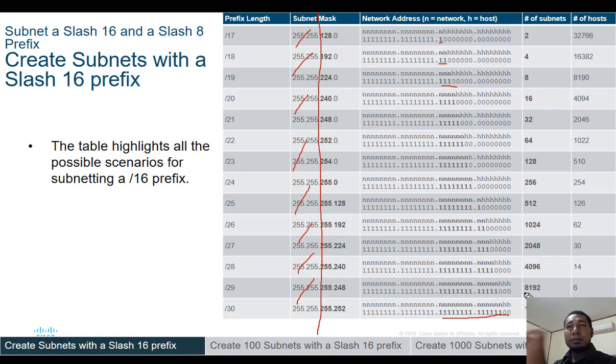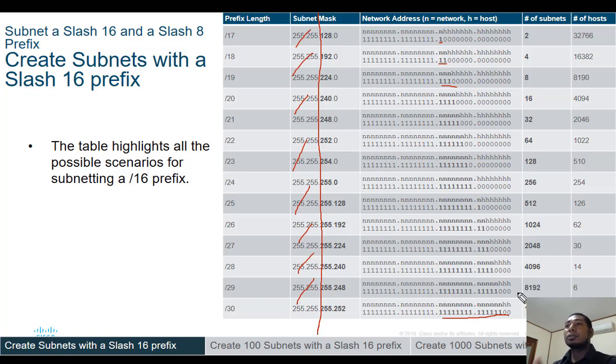Similar concept here. Now, a question you should ask is, why are we borrowing bits from left to right? Remember what I said earlier on? We're borrowing bits from left to right because we want to increase the number of subnets.